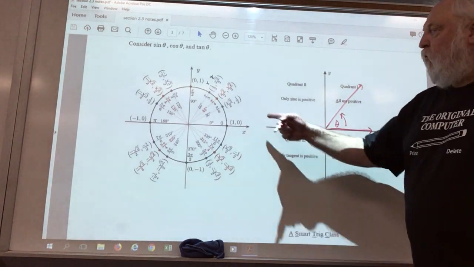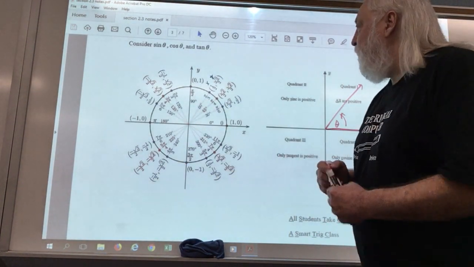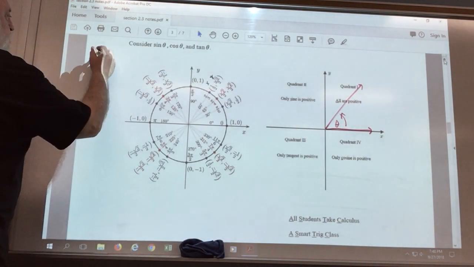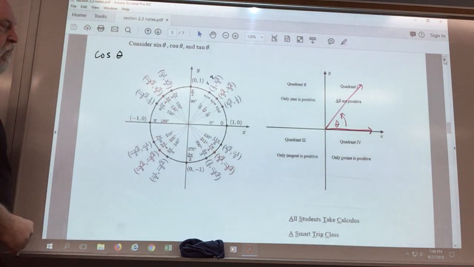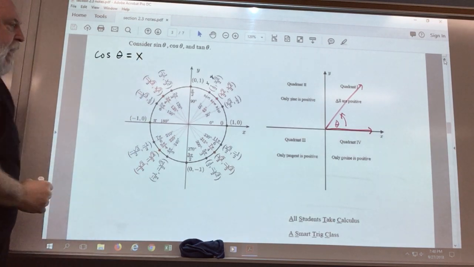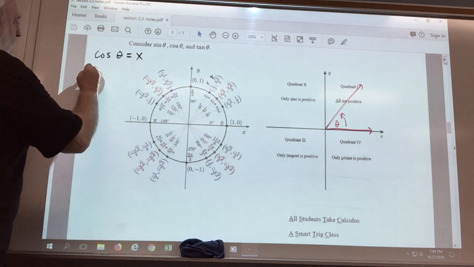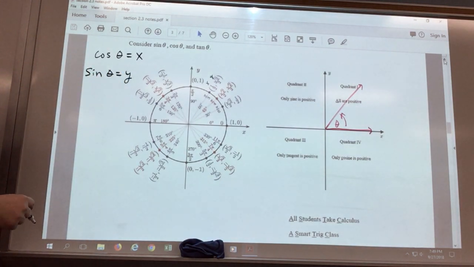Well, if you look at the coordinate plane, or if you look at the unit circle, you know that cosine theta for any angle theta on the unit circle is equal to the x coordinate. Okay? And sine theta for any angle on the unit circle is equal to the y coordinate.